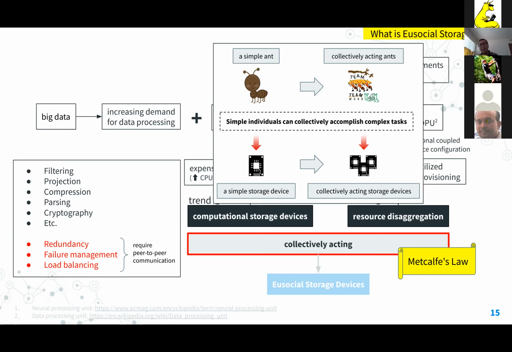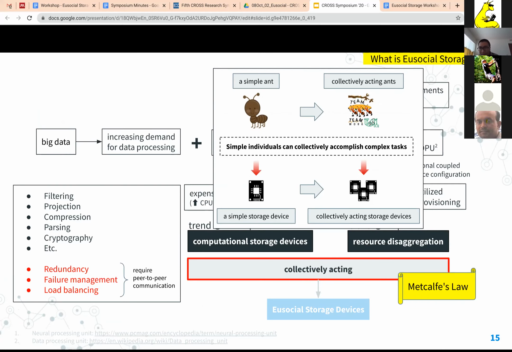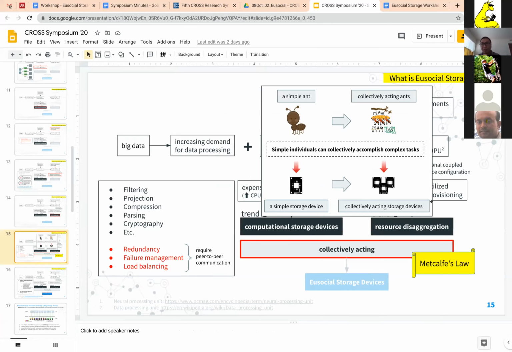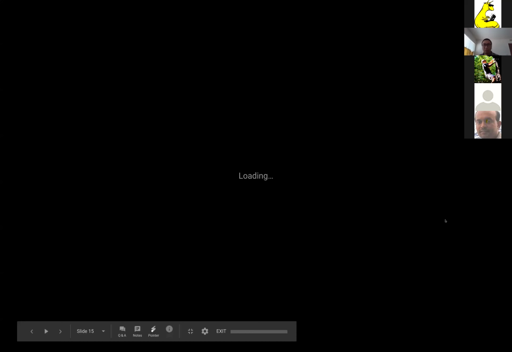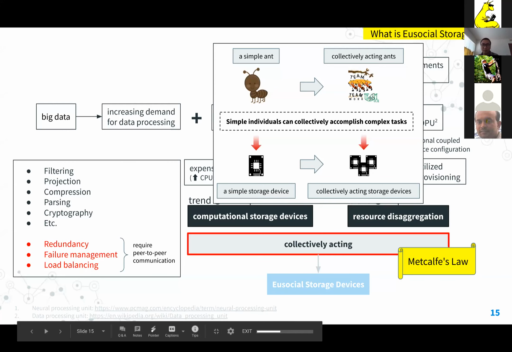And this idea is also captured by Metcalfe's law, which says that if a system contains n interconnected devices, then the value of the system is proportional to the square of the number of devices in the system.